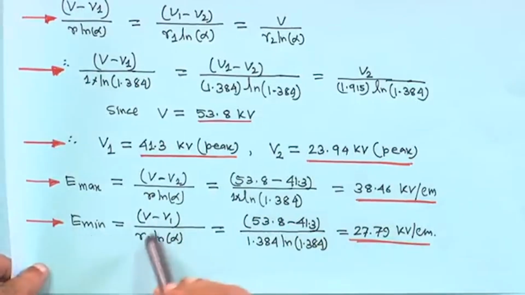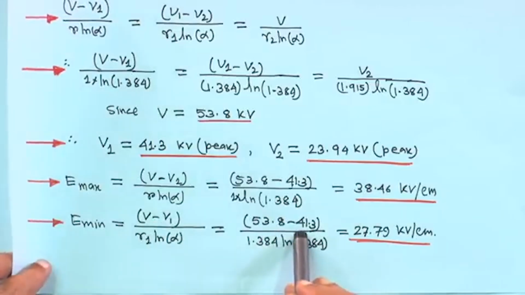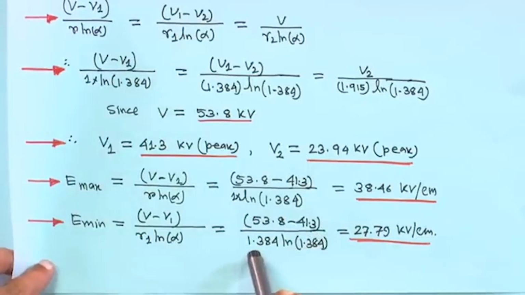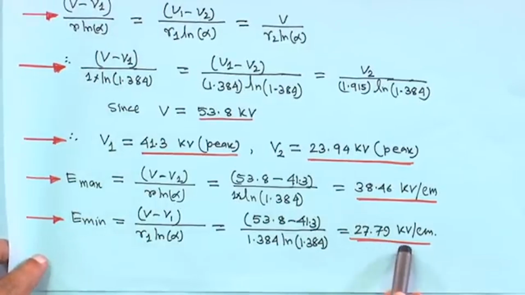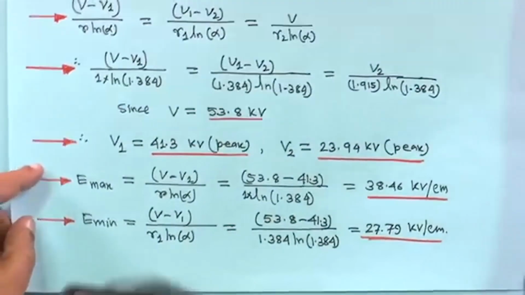Similarly, Emin will be when r is equal to r1. So, it will be (V minus V1) upon r1 ln alpha. So, 53.8 minus 41.3 divided by r1 is 1.384 ln 1.384, that will be 27.79 kilovolt per centimeter. That means the maximum stress.